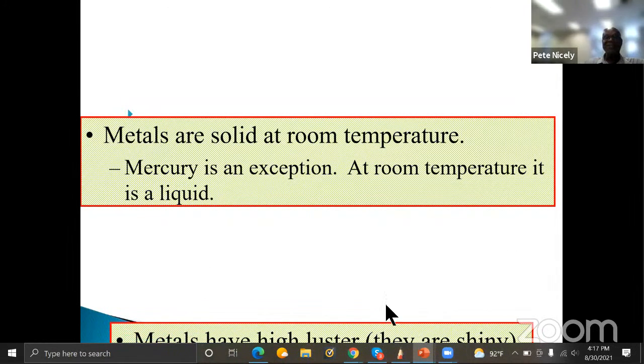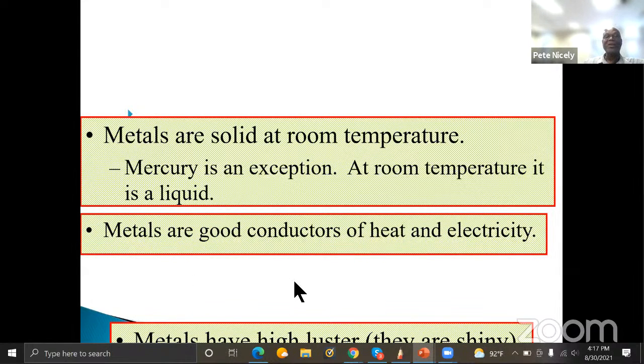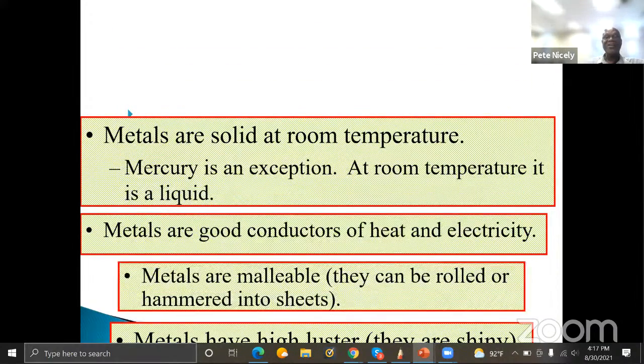Another property of metals is that, and I don't know if you can see the bottom part right here, it says here that metals have a high luster. In other words, they're shiny, all right? And we all know that from our everyday experience, okay? Another property of metals is that they're very good conductors of heat and electricity, okay? And then another property of metals is that they're malleable.